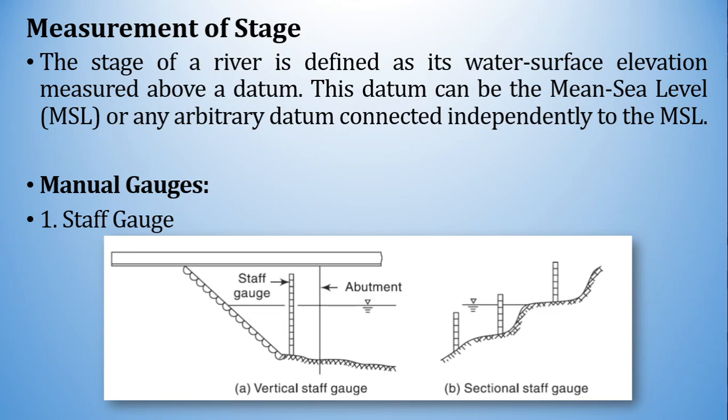So with the help of manual gauges, which include a staff gauge, you can find out the stage for a section. There is a vertical staff gauge. Also, there is a sectional staff gauge. With the help of this staff gauge, you can find out the elevation measured above a datum and thereby the stage.